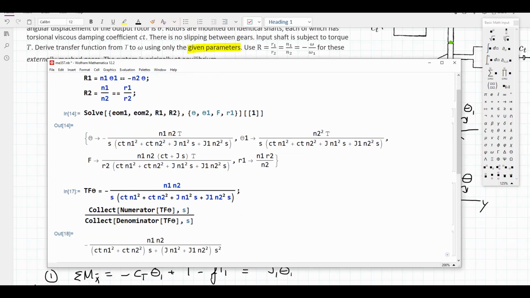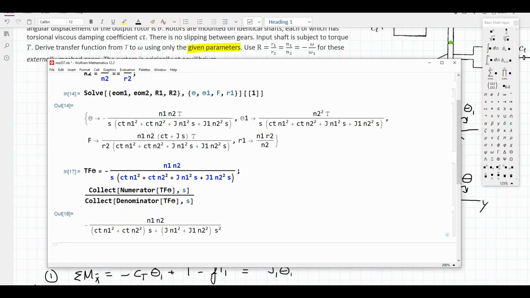So now I have this nice expression here that is my transfer function from t to theta. I'll go back to handwriting it and we'll see how this actually helps us get to where we ultimately need to go in this problem.